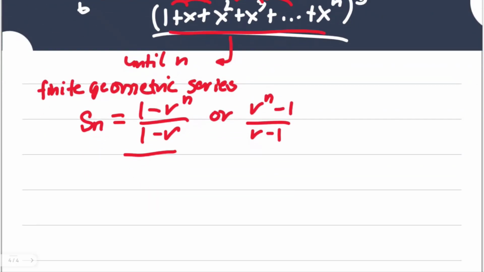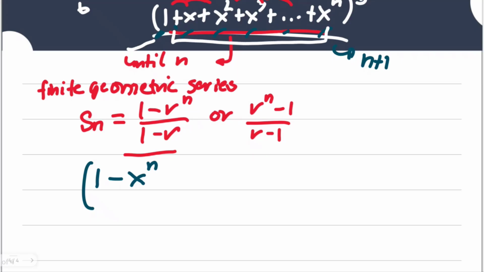That is equivalent to 1 minus x to the power of how many terms are there? Is it just equal to n? Take note, we have n here, but we still have one more. So 1, 2, 3, 4, 5. That's n plus 1 terms, because this portion here stands for x to the power of n, and we still have one more here for the non-selection.